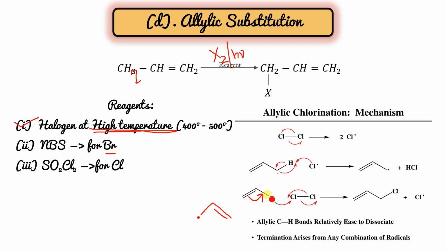Got it? I have explained this so many times. Now a termination arises from any combination of radicals. You can use any combination of radicals, you can use this or this, because there is a homolytic cleavage, so we can use any free radical. Okay, so this was the important point. These 3 points I have explained were important for this allylic substitution.